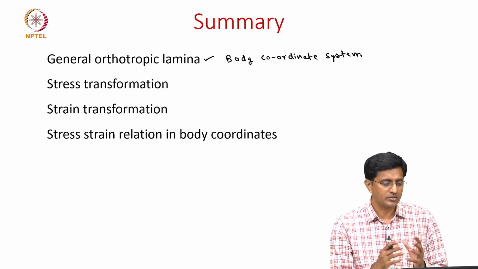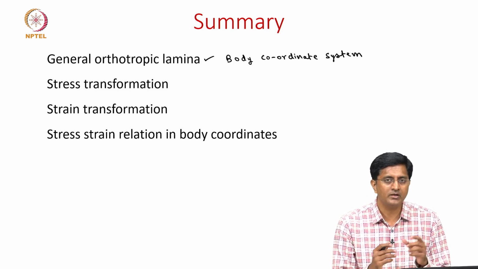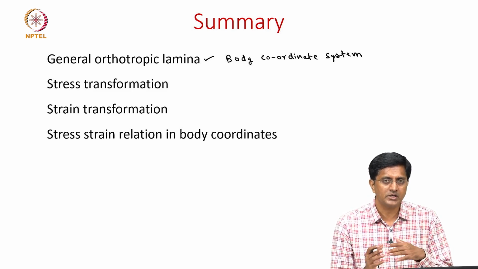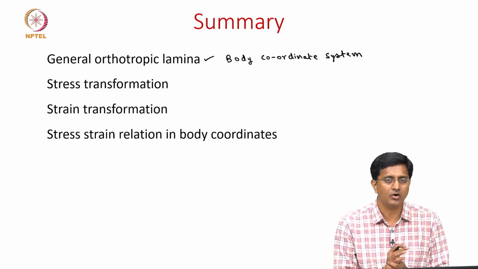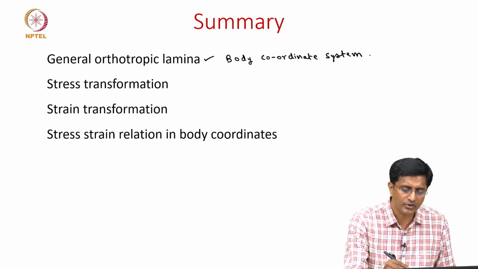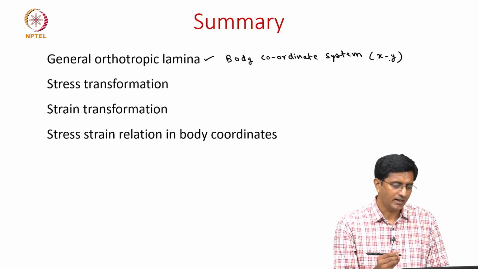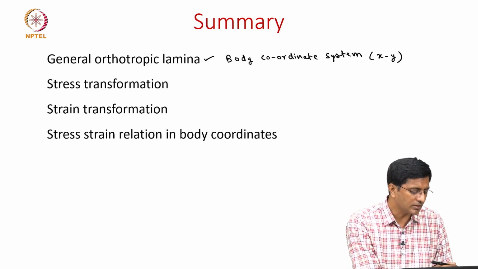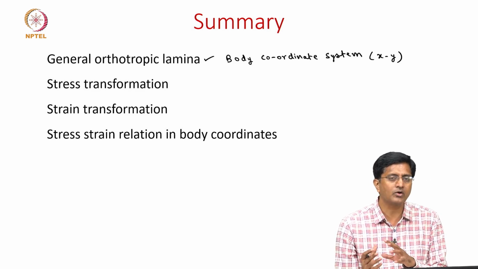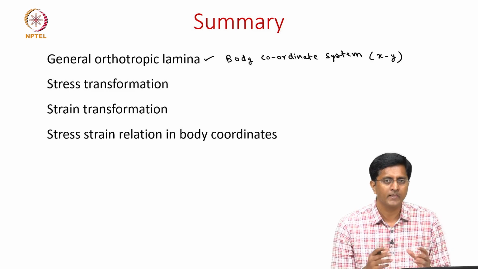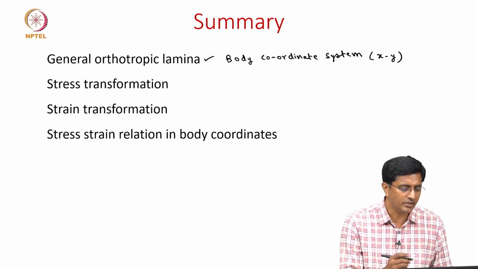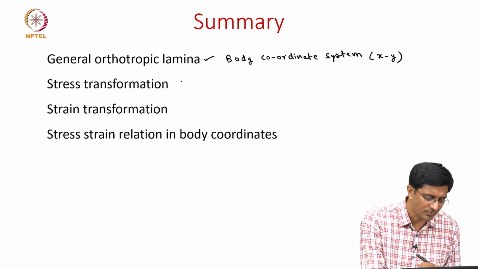We said something is a body coordinate system when the orientations are different from the material coordinates or the principal directions 1 and 2. So, we represented it with x and y. And then we started looking at the stress transformation going from one coordinate system to the other. Going from the body coordinates to the material coordinates, we have used this transformation matrix T.